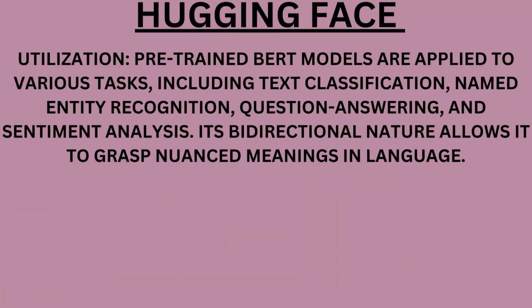Utilization. Pre-trained BERT models are applied to various tasks, including text classification, named entity recognition, question answering, and sentiment analysis. Its bidirectional nature allows it to grasp nuanced meanings in language.